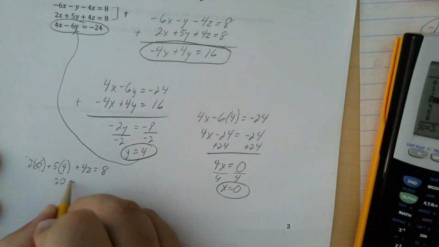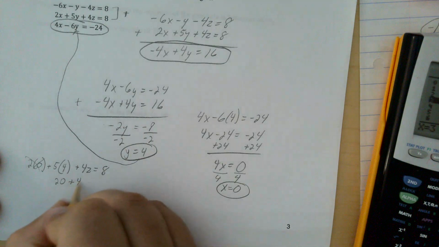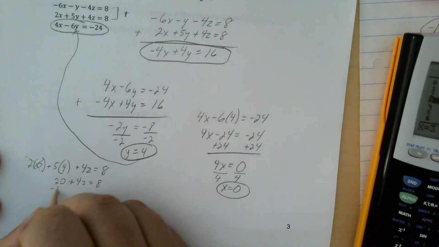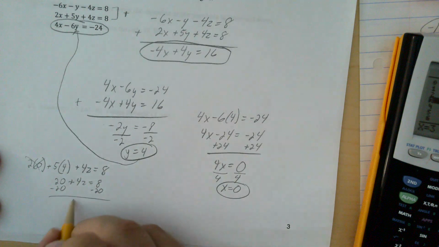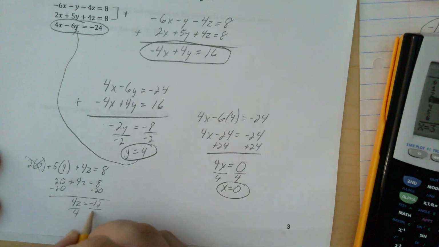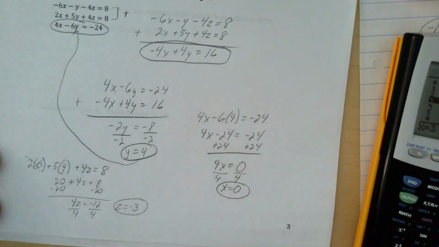This is a 20. So 20, 5 times 4 is 20. I'm going to take that 20, move it over to the right side of my equal sign, where I'm going to have 8 minus 20, which is negative 12. And when I divide, I feel good that z is negative 3.